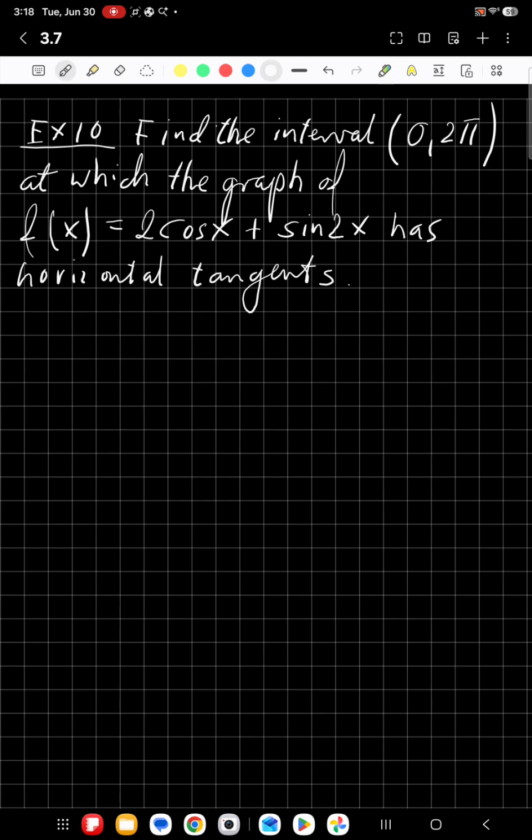Okay, so we have function f prime of x. Let me rewrite it: 2 cosine x plus sine 2x, and then we're taking derivative of that.